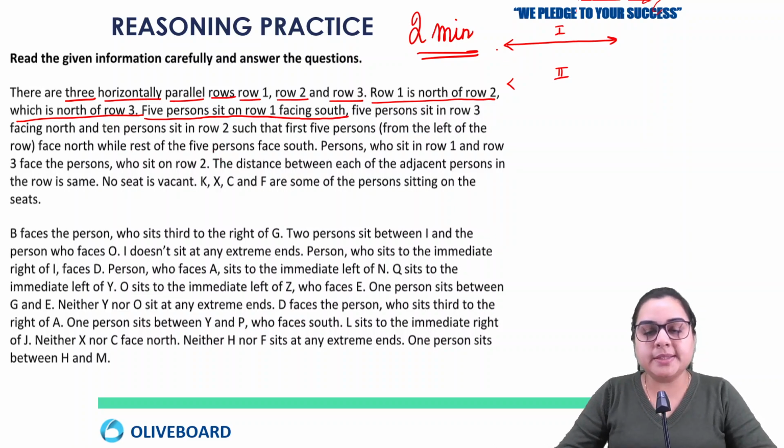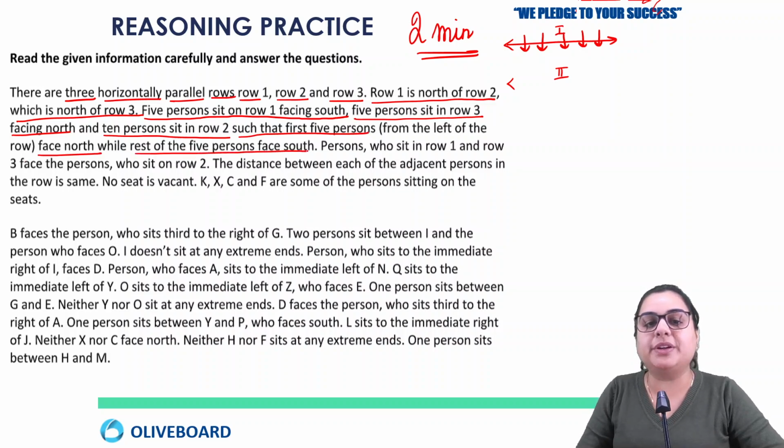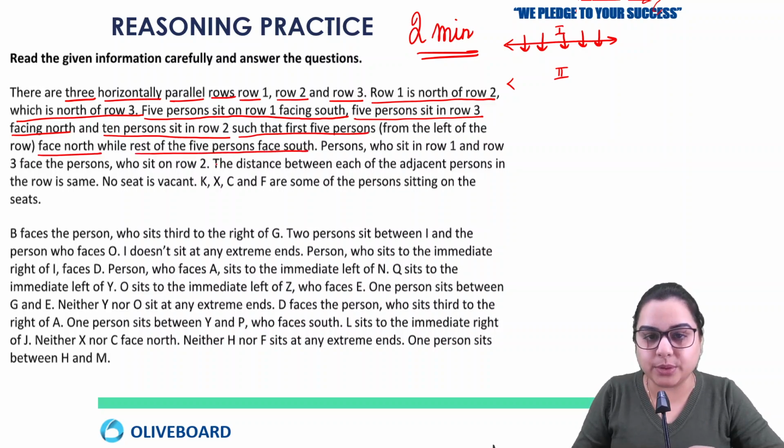After that, 5 persons sit in row 3 facing north, and 10 persons sit in row 2 such that the first 5 persons face north while the rest of the 5 persons face south.